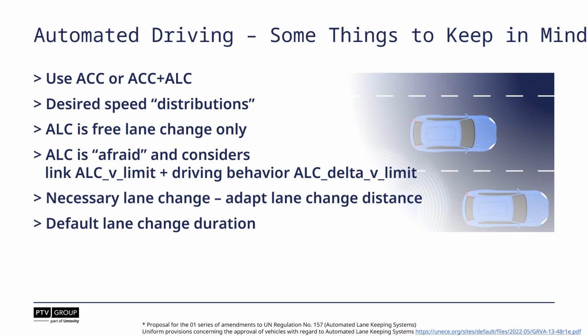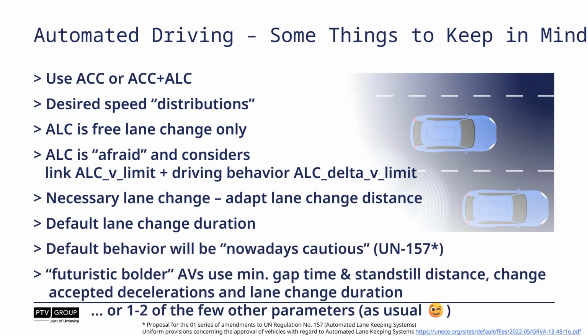A different behavior for necessary lane changes can be applied using longer lane change distances, in line with what experts told us about AVs being more cautious than human drivers. In general, the default settings represent nowadays' cautious AVs and specifically fulfill the constraints of UN Regulation 157. If you're interested in details, you can check out the source provided at the bottom.